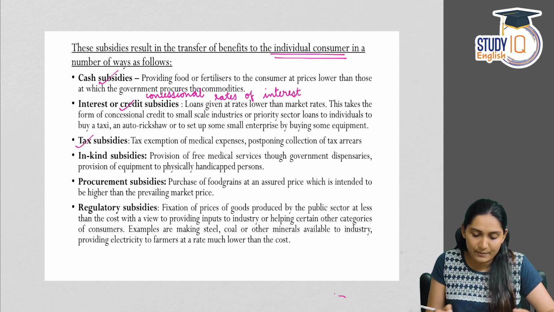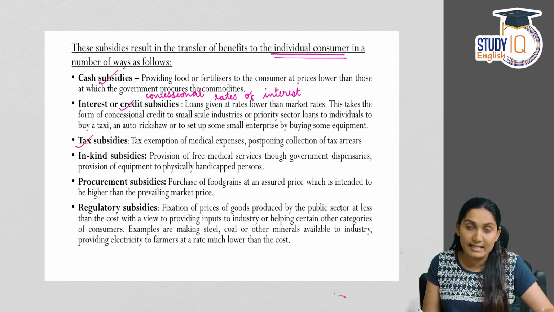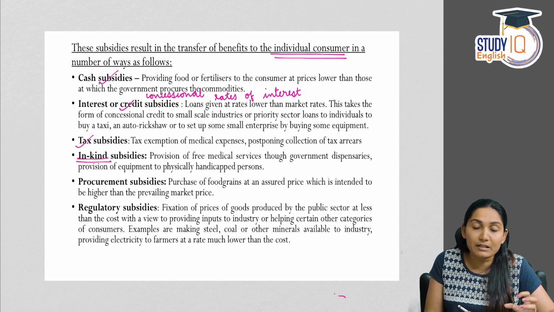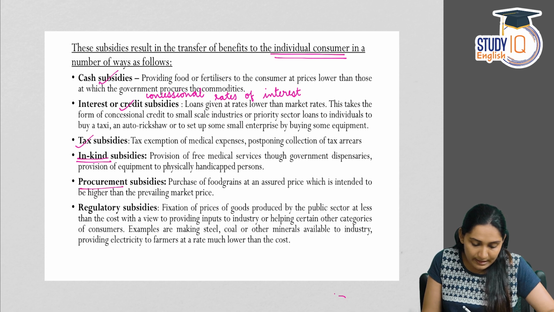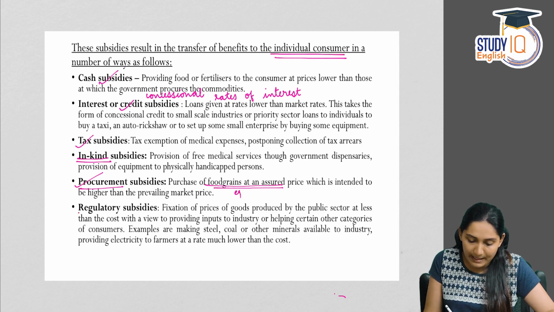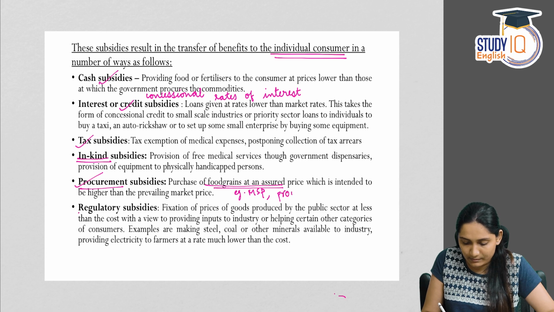Then tax subsidies, which means tax exemptions or lesser rates of tax, etc. In-kind subsidies, that is in the form of material. Then next is procurement subsidy, purchase of food grains at an assured price. Like for example, MSP, procurement price, all these are examples of procurement subsidy.